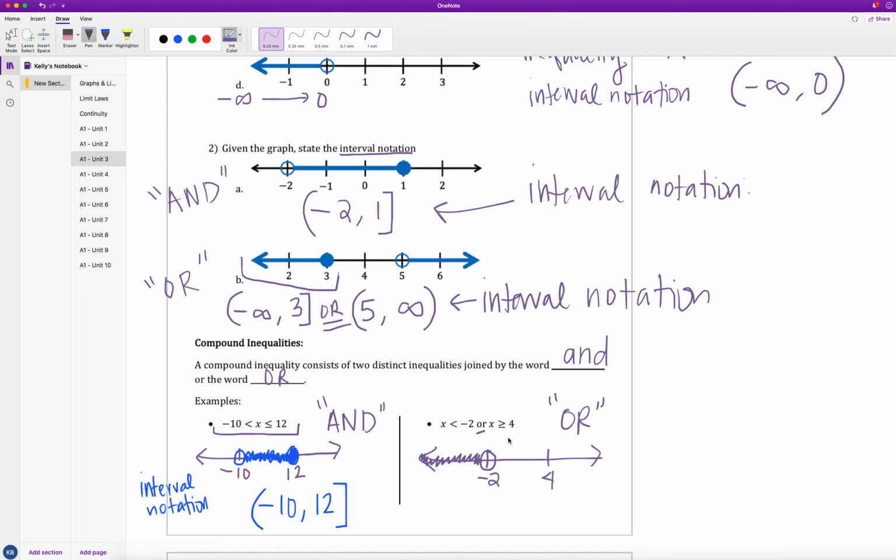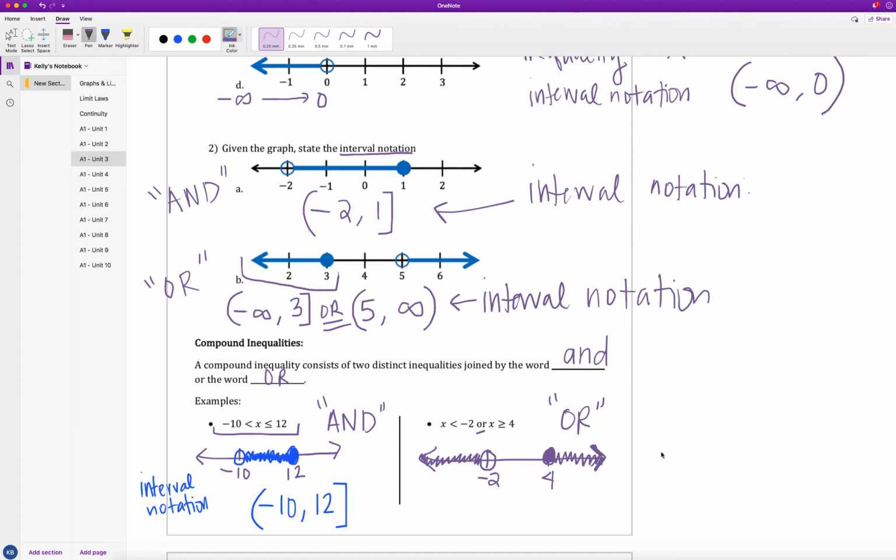Now the second statement says x greater than or equal to 4. At 4, will I have an open or a closed circle? I will have a closed circle because of the equals to bar. And will my shading be to the left or to the right? We will shade to the right because x is bigger than or equal to 4. So I want all of our bigger values.